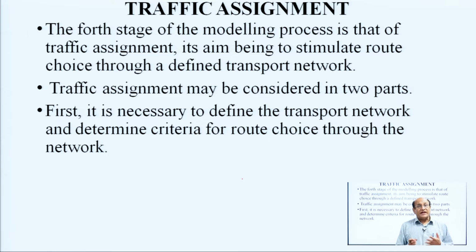Now, come to traffic assignment. The fourth stage of the modeling process is that of traffic assignment. Its aim is to simulate route choice through a defined transport network. Traffic assignment may be considered in two parts. The first is that it is necessary to define the transport network and determine the criteria for route choice through the network.